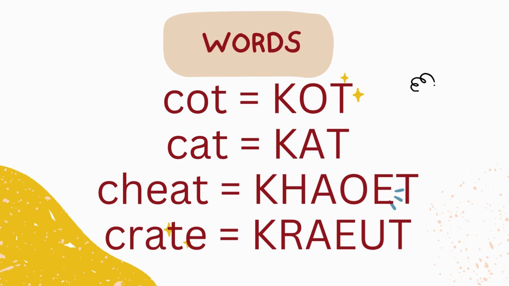Okay. Then we have other words: caught, cat, cheat, and crate. Caught is initial K vowel O final T. Cat is initial K vowel A final T. Cheat is initial KH long E final T. Crate is initial KR long A final T. Ready? Let's start to practice. Caught, cat, cheat, crate.